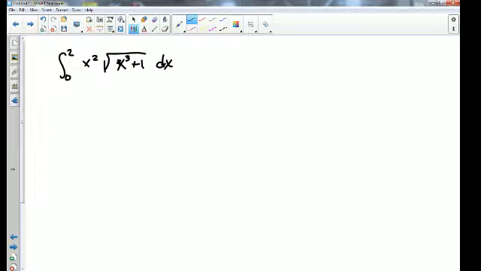So start with, what's your u value? x cubed plus 1, because it's in the root, right? Okay, good choice. And then the derivative, x squared.